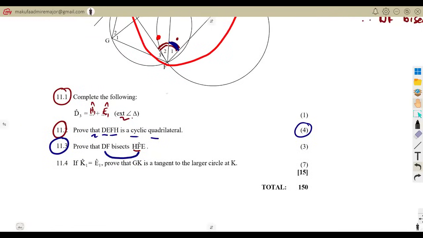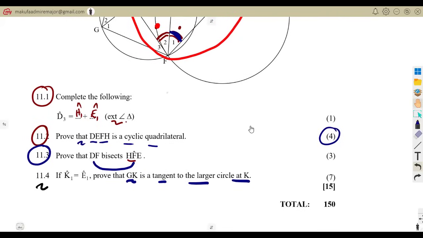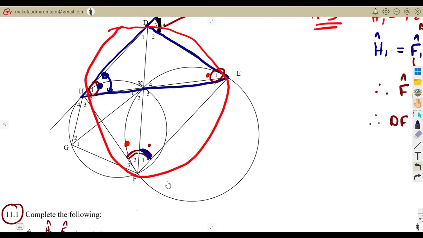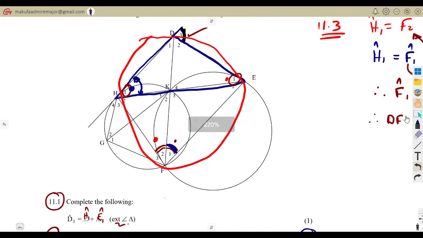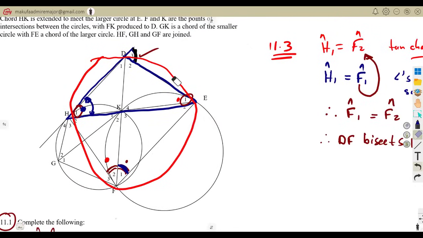All right. Then if K1 is equal to E1, prove that GK is a tangent to the larger circle at K. If we have this K1 equal to E1, where is K1? The disadvantage is that there'll be a lot of things on this type of question, and they want you to have something very meaningful there.